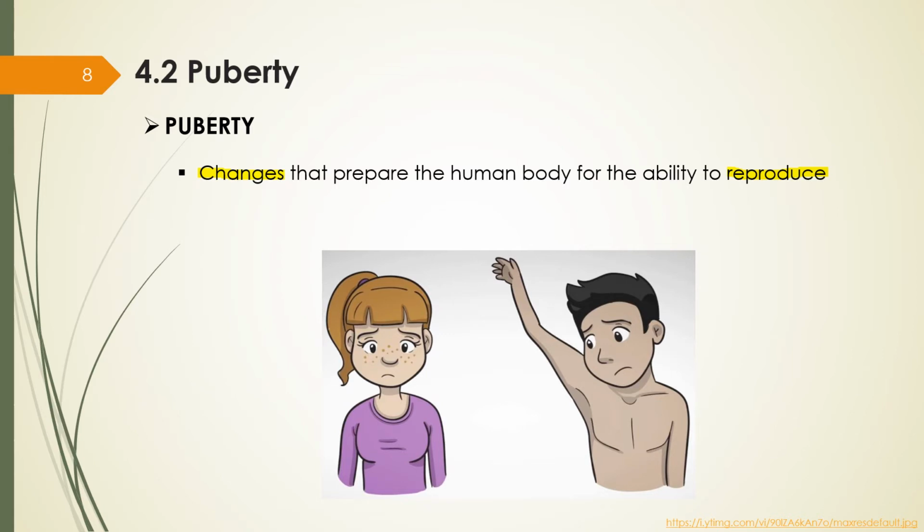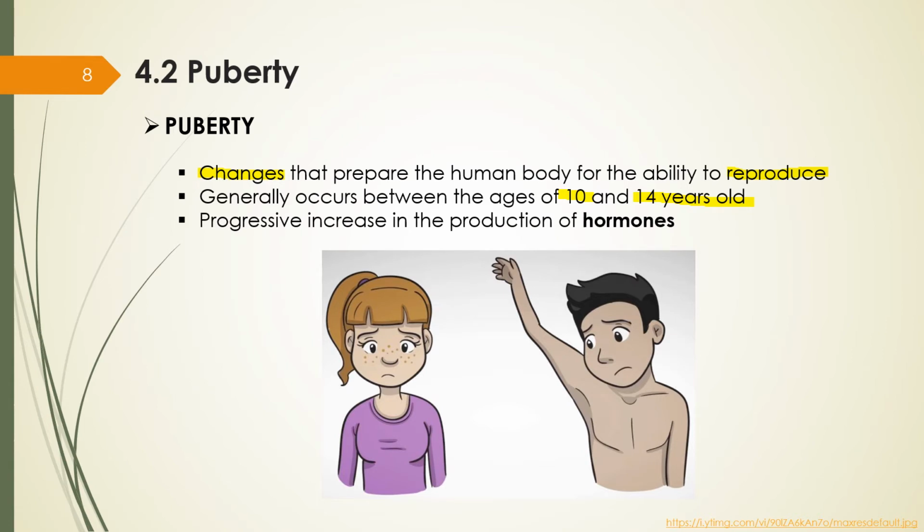It's not from one day to another. It requires some preparation. That's why it's a little tricky sometimes. And it generally occurs between the ages of 10 and 14 years old. Okay, so puberty is usually from 10 to 14 years old.